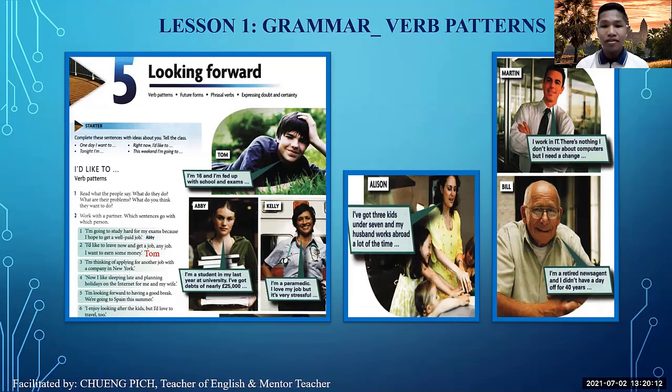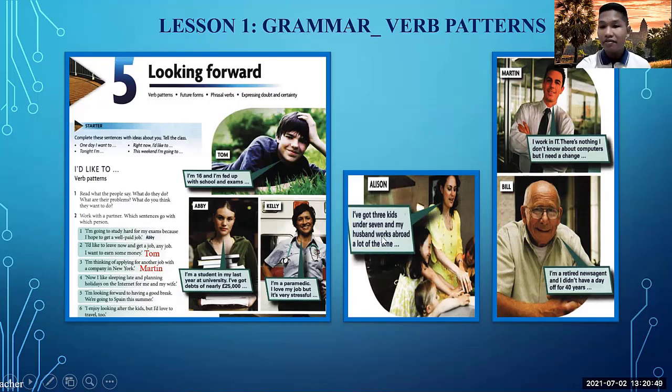Number 3, I'm thinking of applying for another job with a computer in New York. Let's consider which person should say this statement. All right, Martin says this statement, right? Martin here.